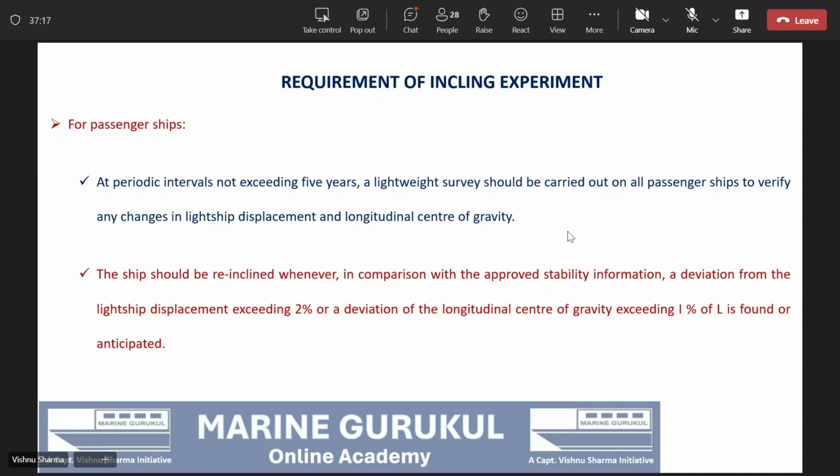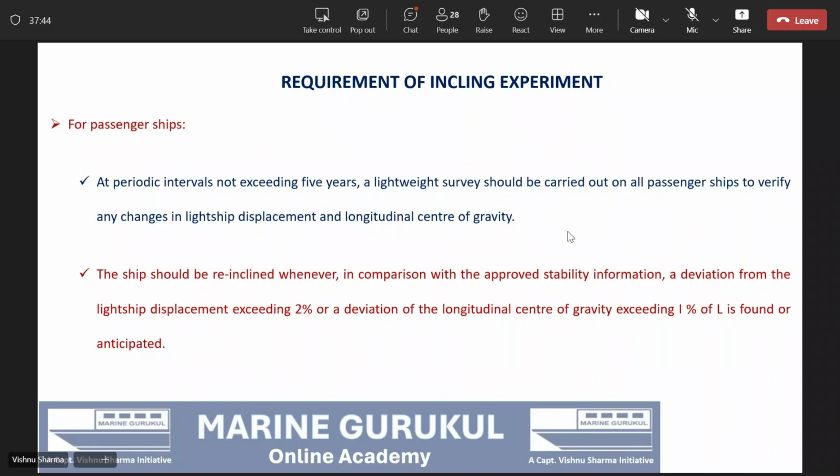And if it is found that the light displacement of a passenger ship during the survey changes by more than 2% of its earlier light ship displacement, or its LCG has shifted by more than 1% of the length, then the passenger ship should be re-inclined.